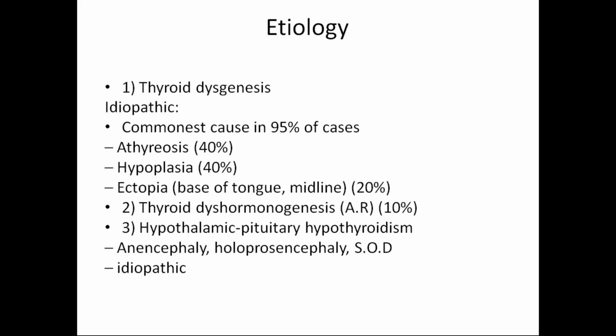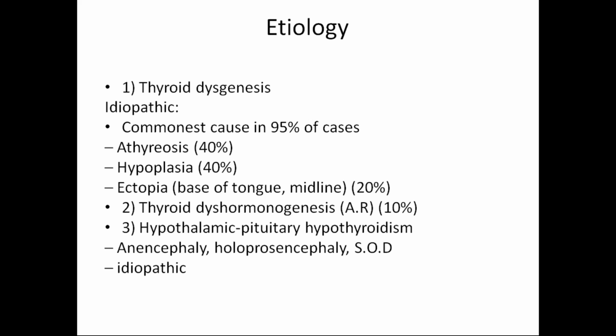The thyroid gland is present at good size, at its normal location, but it is not producing the hormone, whatever the cause be. That constitutes thyroid dysharmonogenesis, which is mostly autosomal recessive and constitutes around 10% of the cases of congenital hypothyroidism.